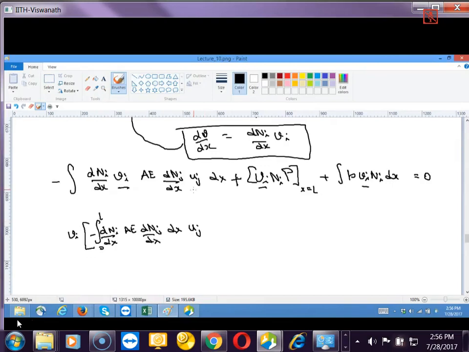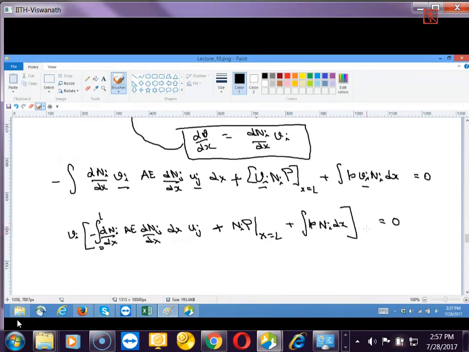Because uj's are arbitrary constants, I can bring them outside. It is not a problem. They are not functions of x. Plus Ni P evaluated at x equals L plus integral of small p Ni dx equals 0.